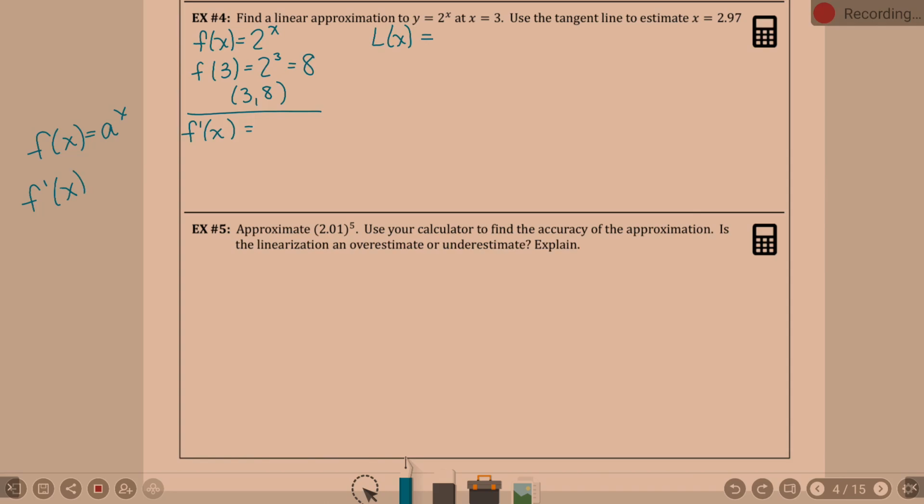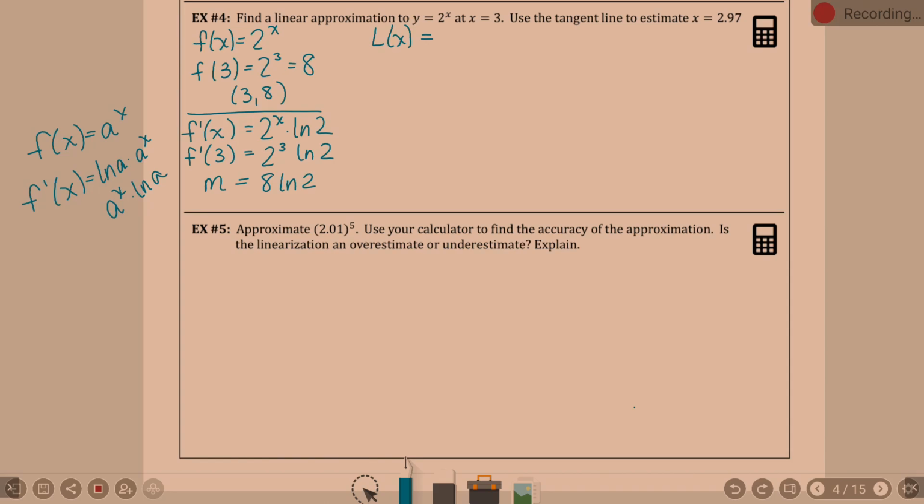The rule is f prime of x is, I don't remember which way we did it, but what was it? Natural log of a times a to the x, or maybe we had it the other way around. A to the x times natural log of a. Something along those lines. So 2 to the x times natural log of 2. If we plug in, what are we plugging in? 3. 2 to the third times natural log of 2 means I'm going to have a slope of 8 natural log of 2.